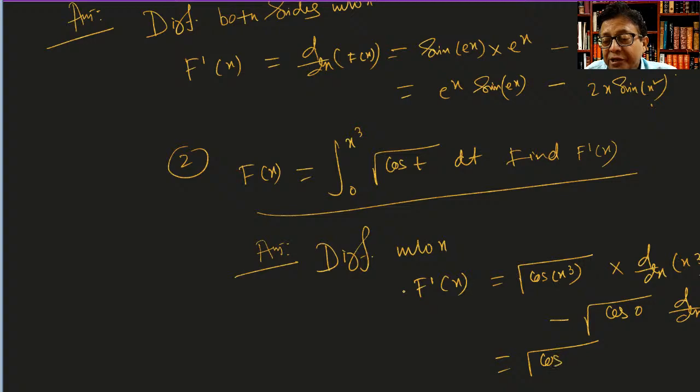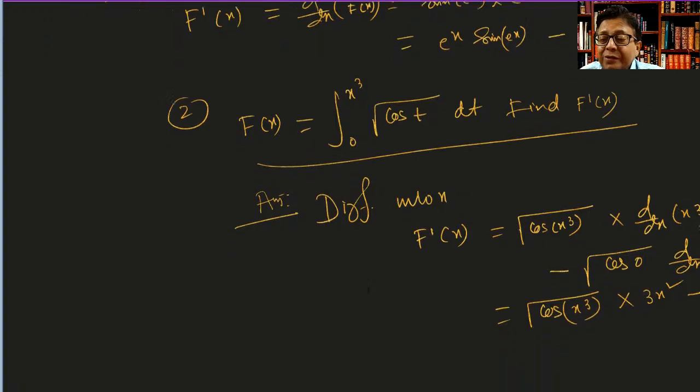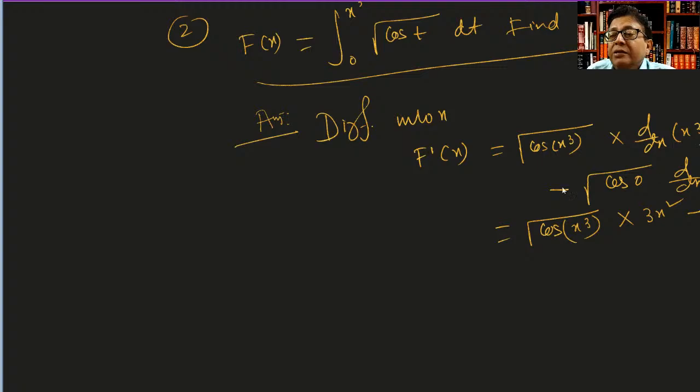So this will be under root cos x cubed times 3x squared. Although root cos 0 is non-zero, being root 1, the derivative of 0 is always 0. So you can ignore the second part of Leibniz rule here and just concentrate on the first part.